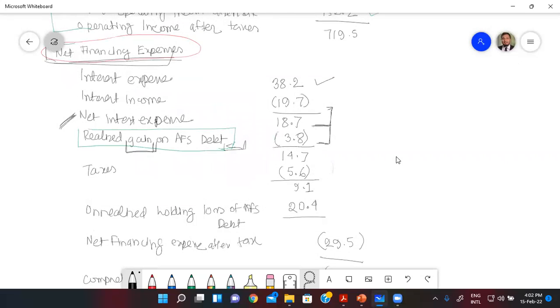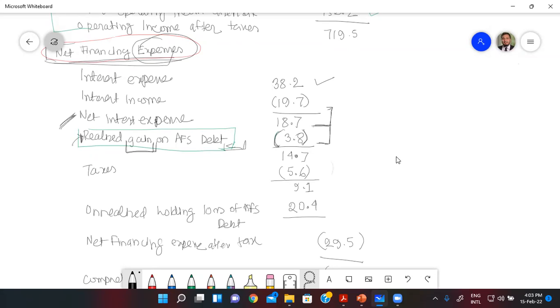Tax burden. Okay. As we are subtracting interest income from the interest expense, this gain, which is a positive amount in terms of gain, but as we are interested in the expenses, that's why we are subtracting it. So try to understand the reason why we have put the subtract sign here. We are subtracting income from expenses, that's why it's a negative amount. You see that amount is 14.7.